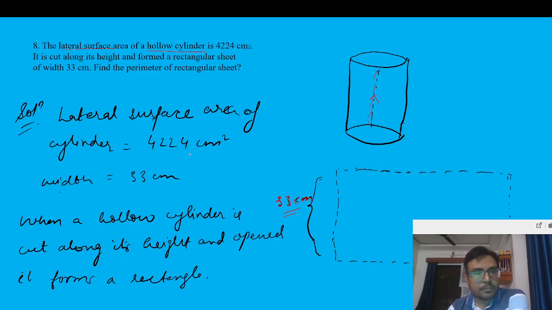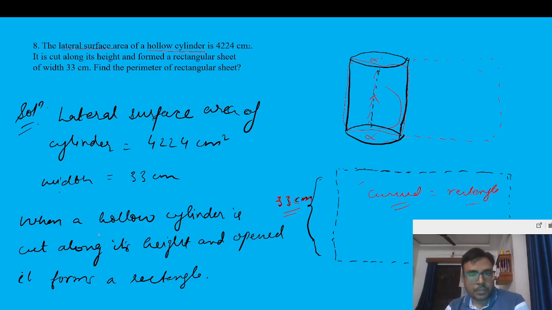Now how to find the length? Lateral surface area is given. Lateral surface area is what? Excluding this part and this part, so it will be only the curved part. If you open this curved part, it will be a rectangle like this. So the area of the curved part will be the area of this rectangle.